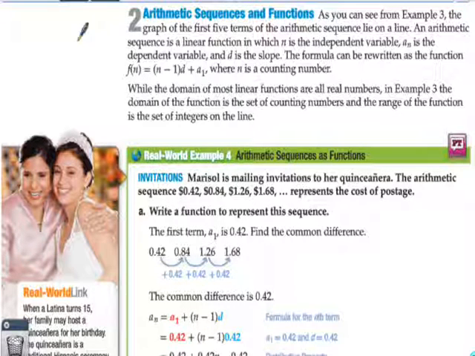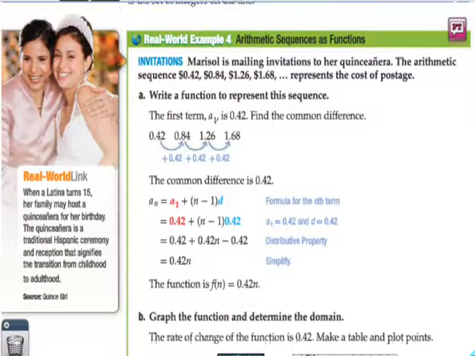The formula can be written as the function f of n, where this is the slope and that's the y-intercept. While the domain of most linear functions is all real numbers, in example 3, the domain of the function is the set of counting numbers, and the range of the function is the set of integers on the line. Integers only for that one.